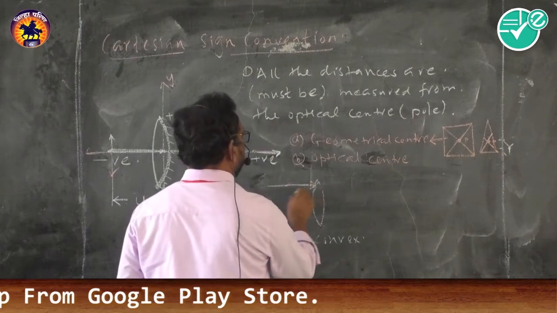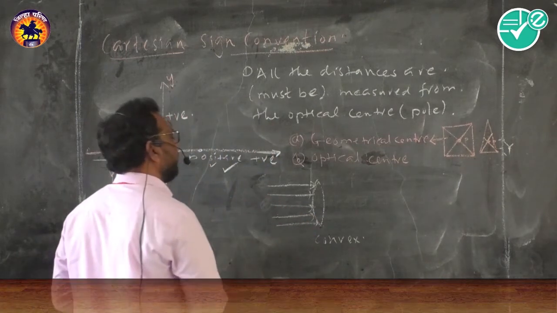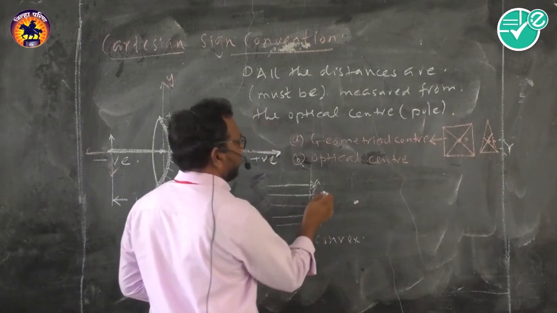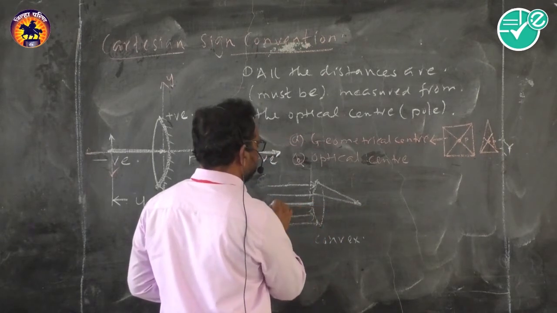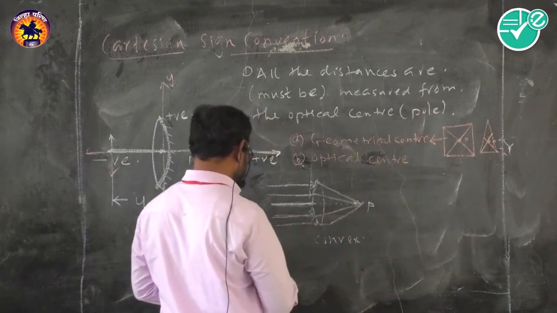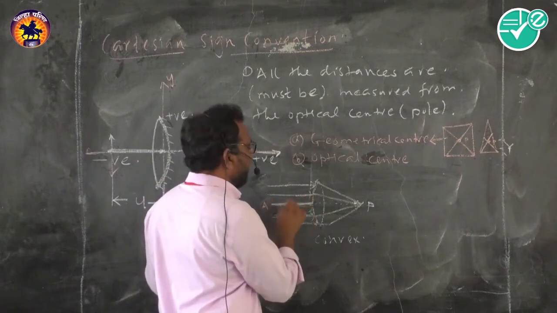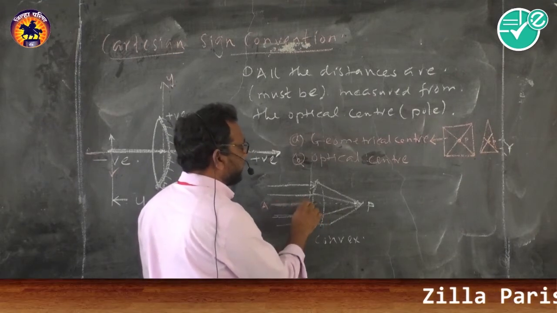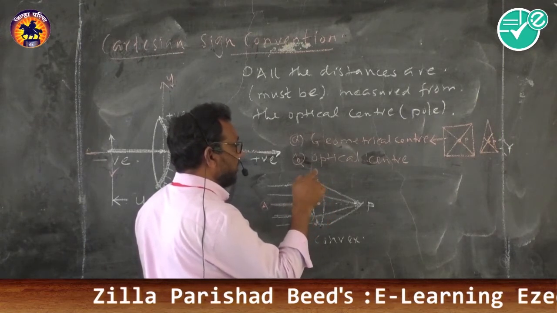When rays of light coming parallel from infinite distance are incident on this convex lens, then obviously they converge at a particular point P. Suppose only one ray is there, say ray AP. It never deviates, never deflects, and this ray is the one which passes through the center point of the lens.